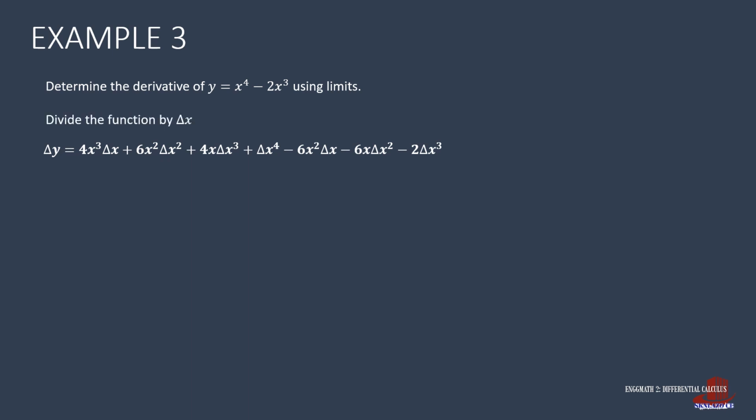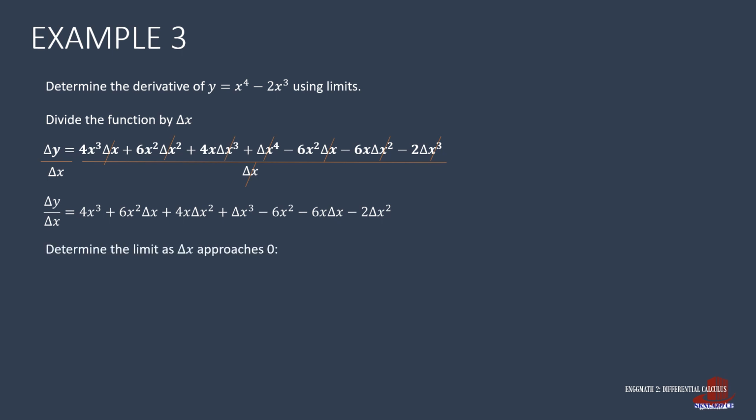So take step 3 of dividing the function by delta x, which makes the function into delta y over delta x as equal to 4x cubed plus 6x squared delta x plus 4x delta x squared plus the cube of delta x minus 6x squared minus 6x delta x minus 2 times delta x squared.